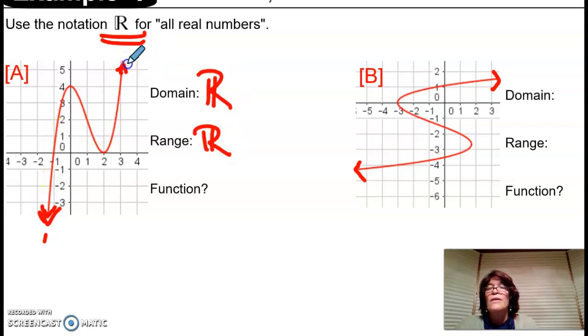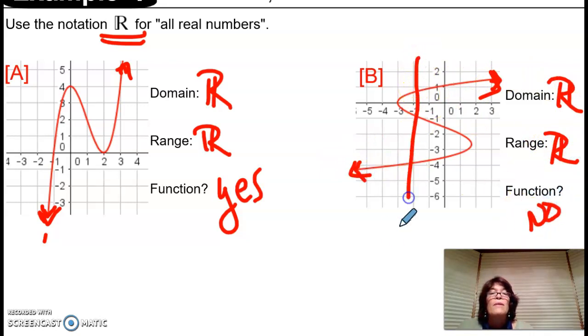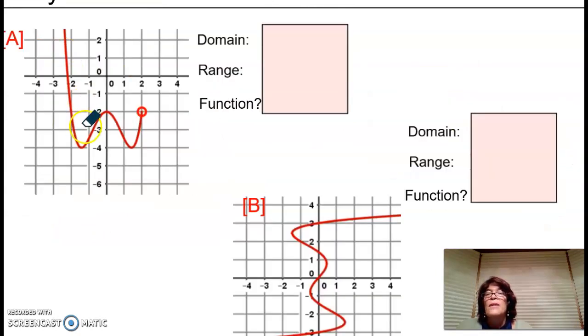I can have any y or any x. Those arrows on either end just mean it's continuous everywhere. And it is a function. This one, still the domain's all reals, the range is all reals. It goes off in either direction, but it's not a function. If I drop a line right here, my goodness, I've hit it 3 times. A vertical line can only hit it once if it's a function. Okay? That's what all real domain and range looks like.